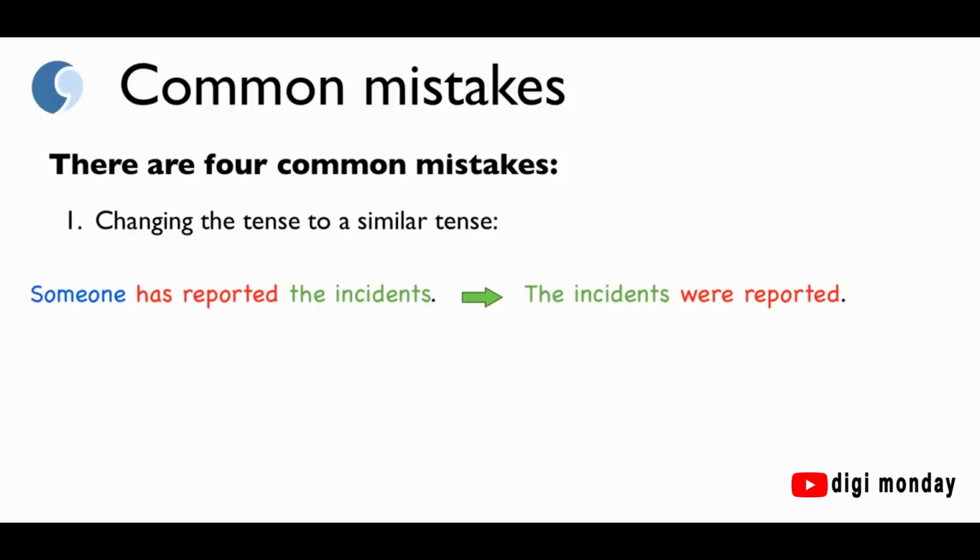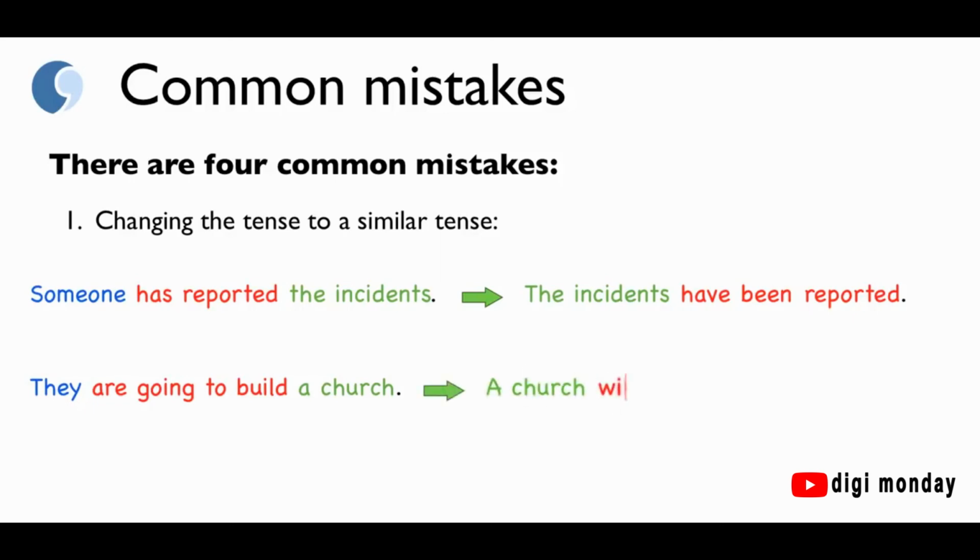It should be the incidents have been reported. They are going to build a church. A church will be built. It is a mistake. It should be a church is going to be built.